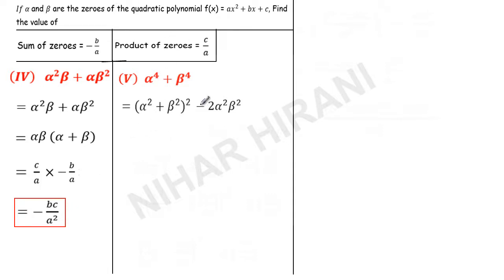Forget about this part temporarily. Just think about alpha square plus beta square. You can say alpha plus beta whole square minus 2 alpha beta, isn't it?